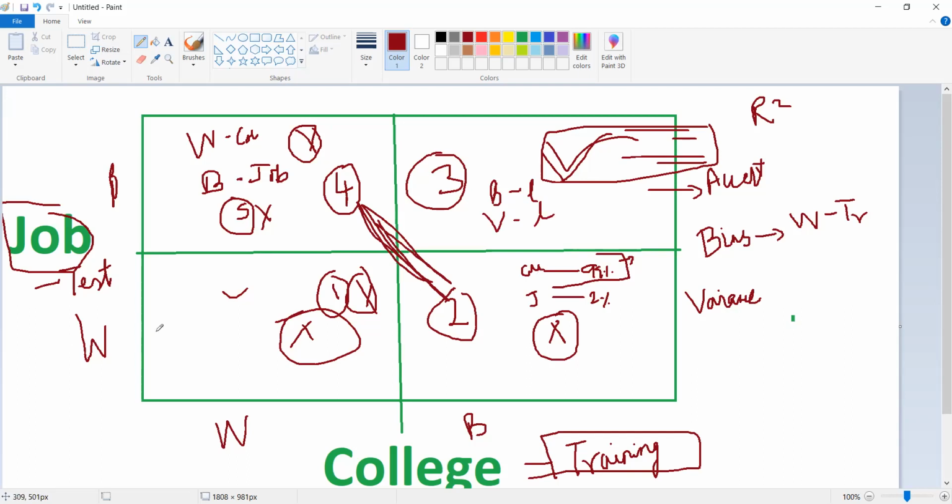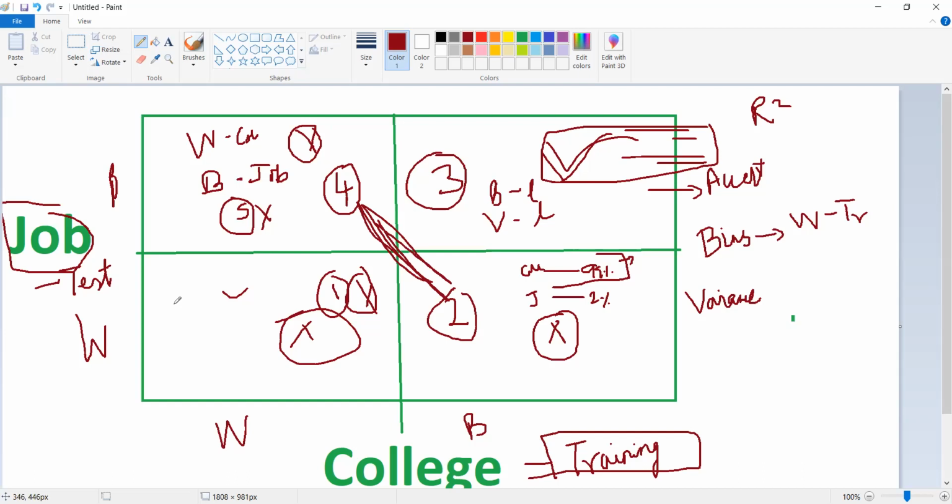Now in the first case, tell me. Both will be high. Worst. Bias is error. Error high means worst model.